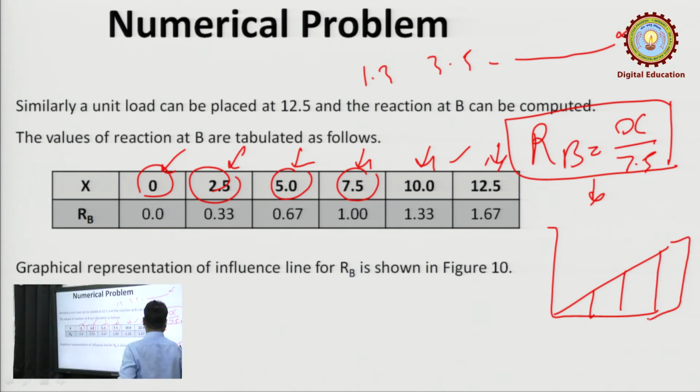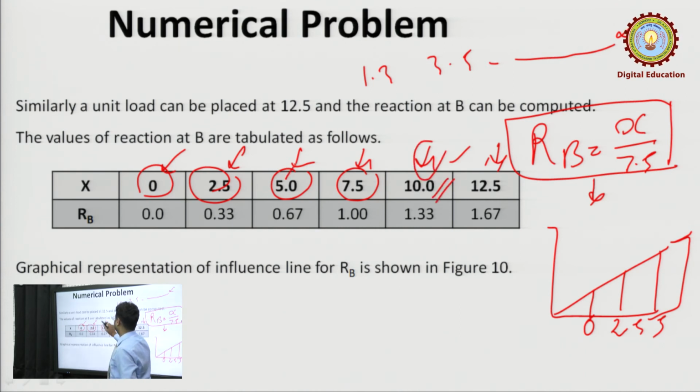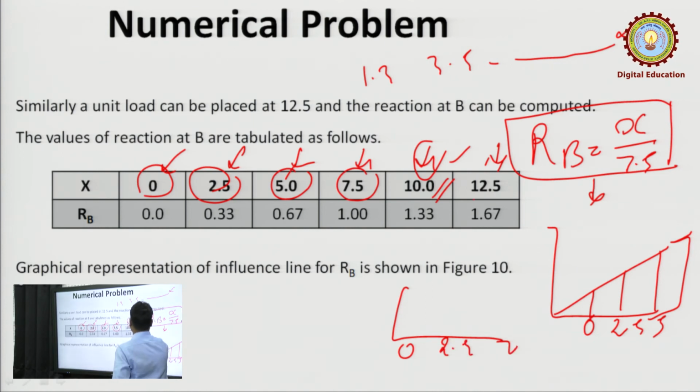You can even remove a point, such as 10 or 5. You can just draw for 0, 2.5, 7.5 and the end of the beam. End is 12.5, RB is at 7.5 and this is the initial point.